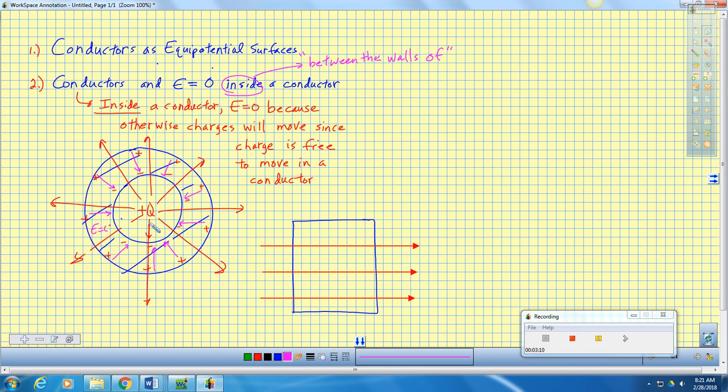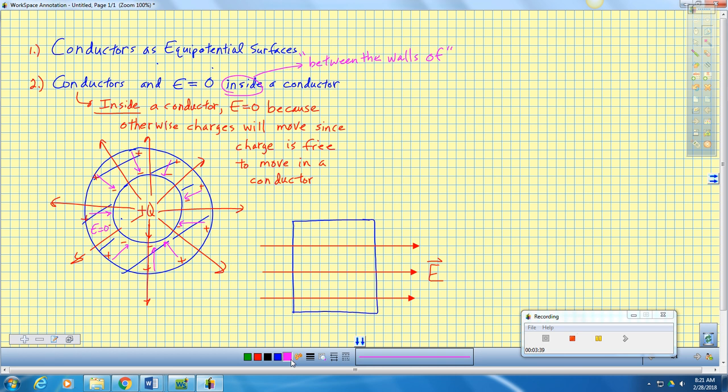Same idea if I had a big conducting hunk of metal, like a metal block. I just happen to have a metal block sitting around. If I put it in an external electric field, directed this way, then basically instantaneously the electric field inside that conductor is going to turn to 0.